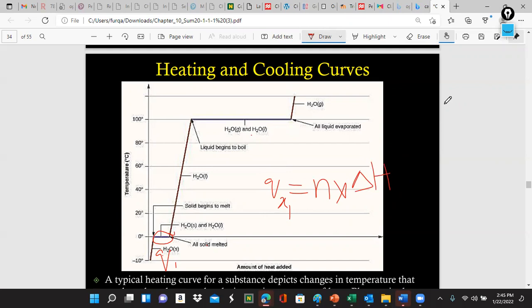Because it's fusion, it's melting, we need the heat of fusion from literature, and that will be applied. So this is how we can calculate it. Okay, so this part, we will get the QX1.